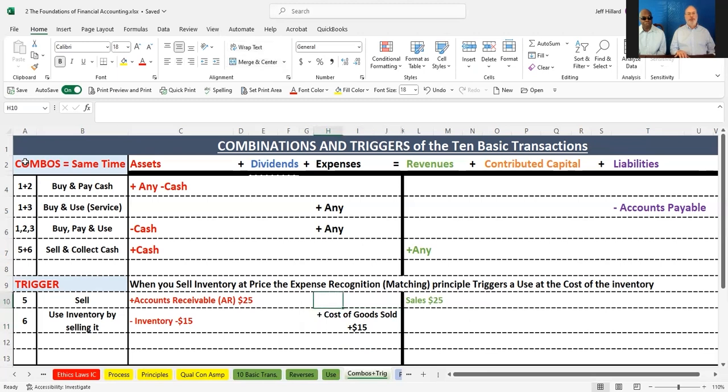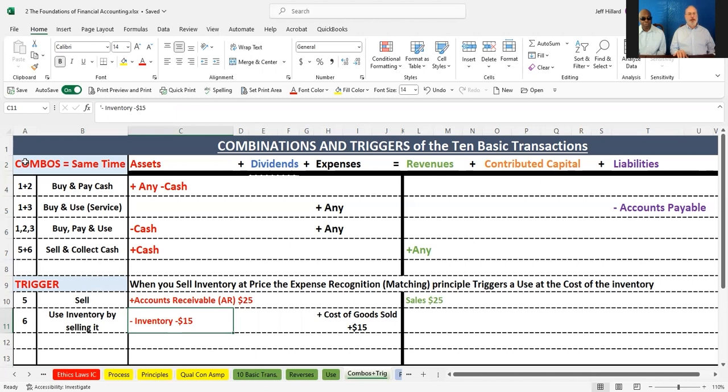And the sale is at price, folks. This is at cost. This is what it costs us. The difference is profit. So our inventory goes down. This is a use. So this is used by sell. This is a common one that occurs all the time. You make a sale and you immediately have the expense and the reduction of the asset.